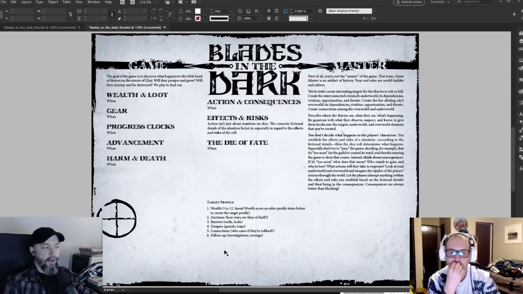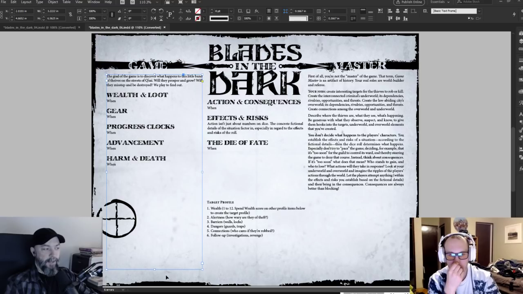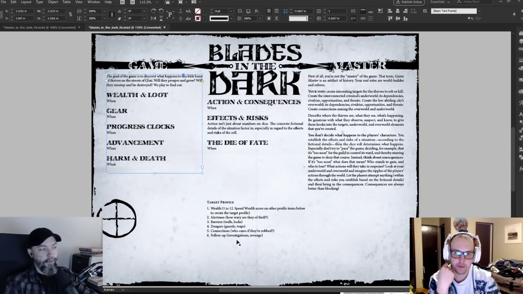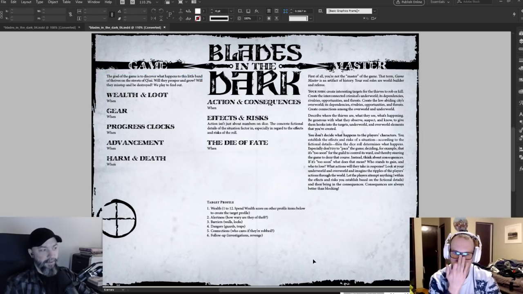it fell into this weird gutter between fiction first and not. It is kind of fiction first, right? You're thinking about how alert the guards are, and what kind of barriers they have in the fiction.